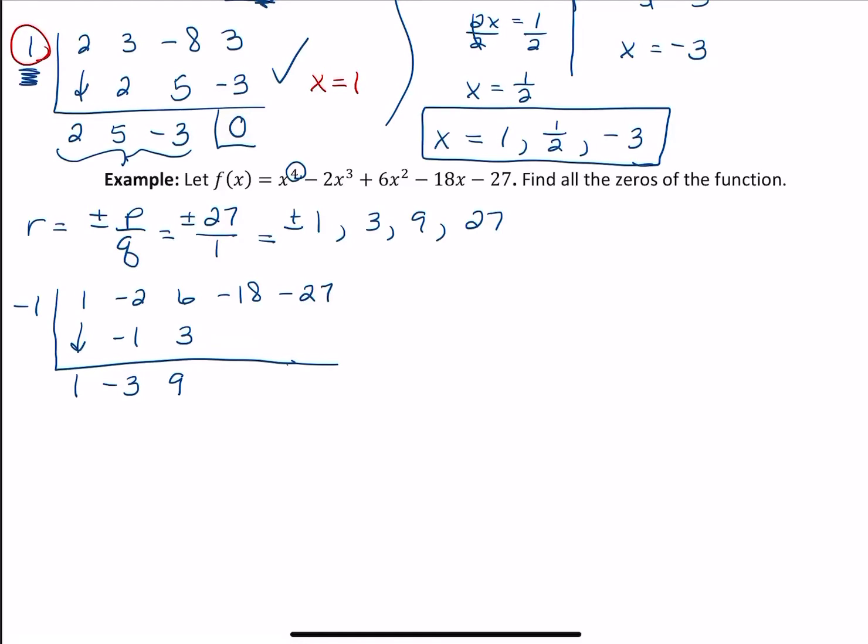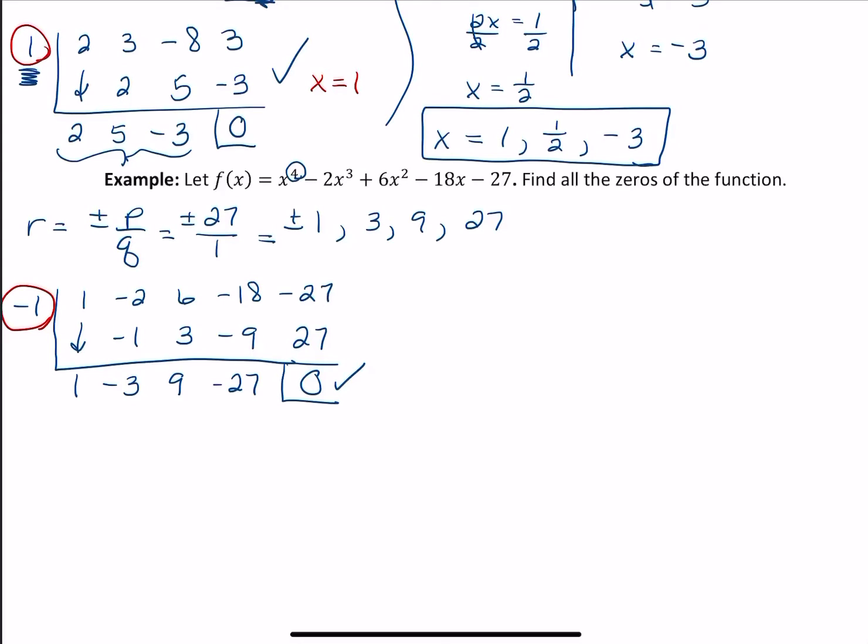Bring down the 9. -9. That will give me a -27. And then when I multiply that by the -1, I get a +27. So I actually guessed good the first time. And so my -1 is a 0.